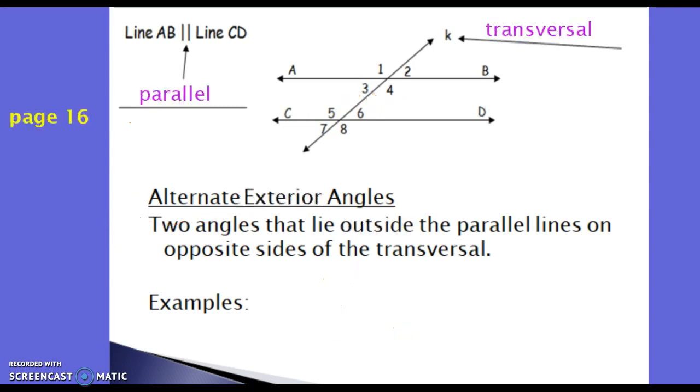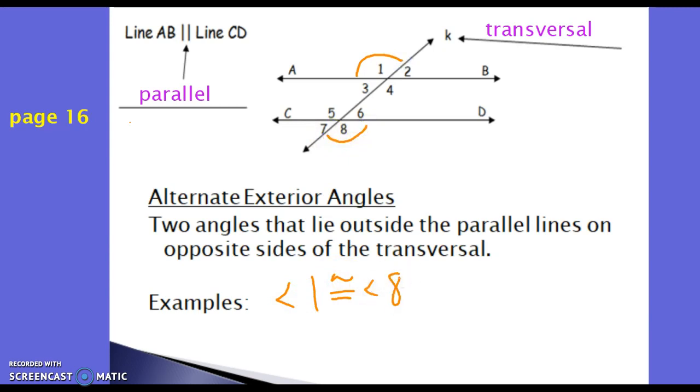The next pair of angles I'd like to talk to you about are alternate exterior angles. So again, we're going to focus on these exterior or outside angles. They're above and below the parallel lines. And again, alternating means they are on opposite sides of the transversal, diagonally across from each other. So a pair of alternate exterior angles would be angle 1 and angle 8, and they are equal.